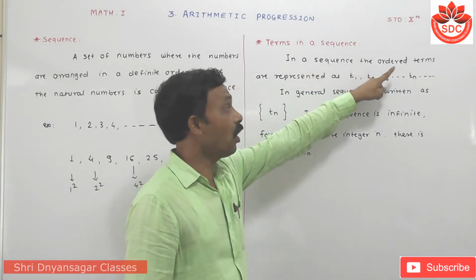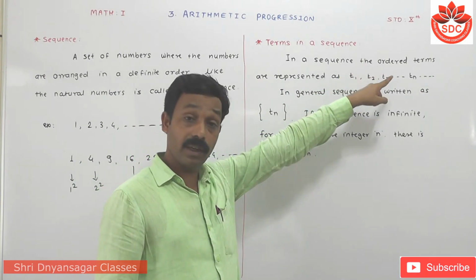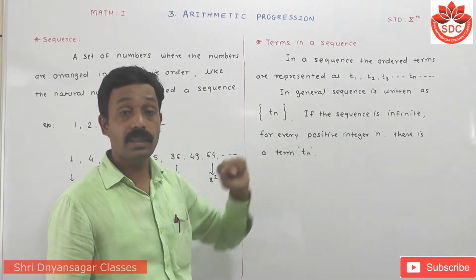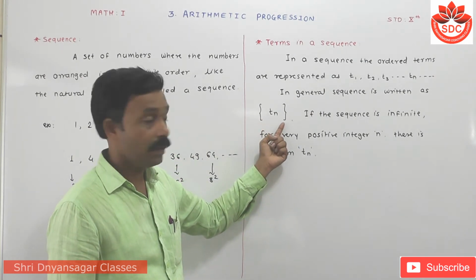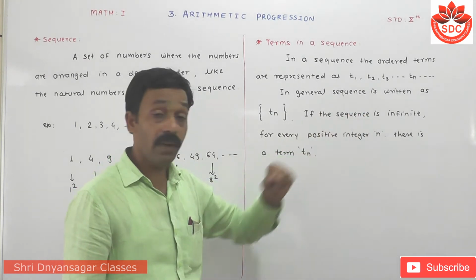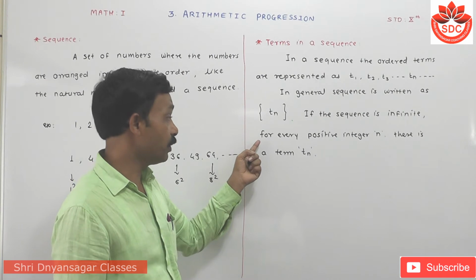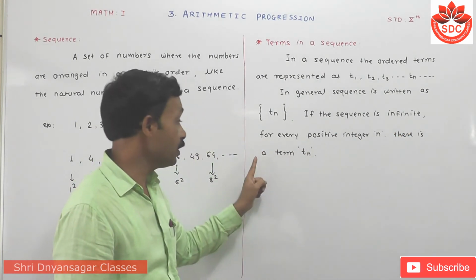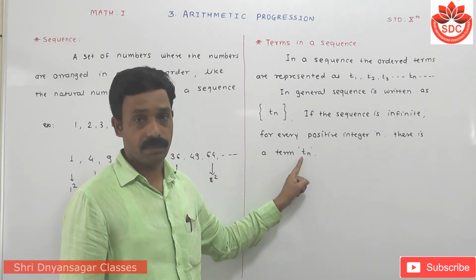In a sequence, the ordered terms are represented as T1, T2, T3, up to Tn. In general, the sequence is written in curly brackets and read as sequence Tn. If the sequence is infinite, meaning we cannot count it, then for every positive integer n there is a term Tn, which we call the nth term.